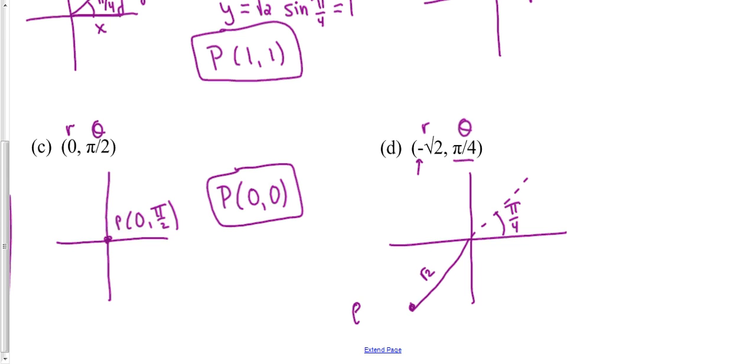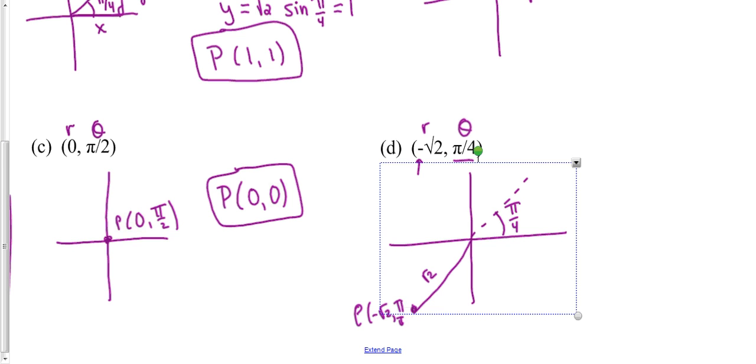So this is going to be negative radical 2 comma pi over 4. And this angle over here will be pi over 4.